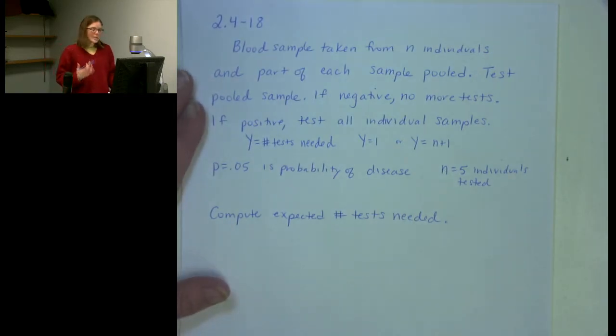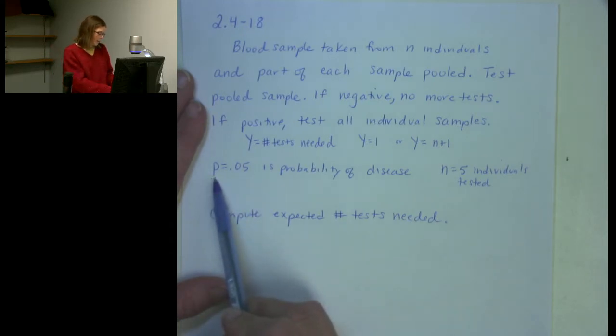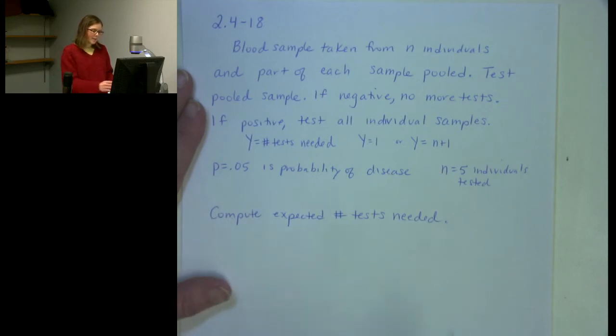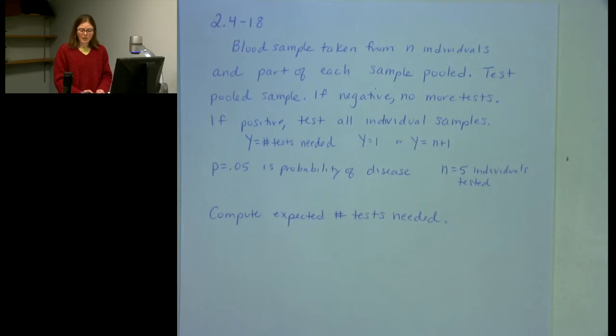Now for the particular example, they say to assume that the probability that a person has the disease is 0.05, and that there are n equals 5 individuals being tested. We want to compute the expected number of tests needed.